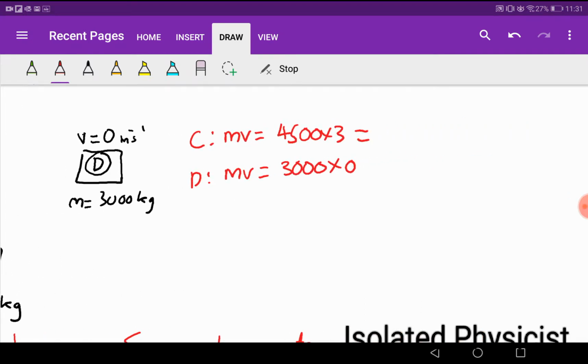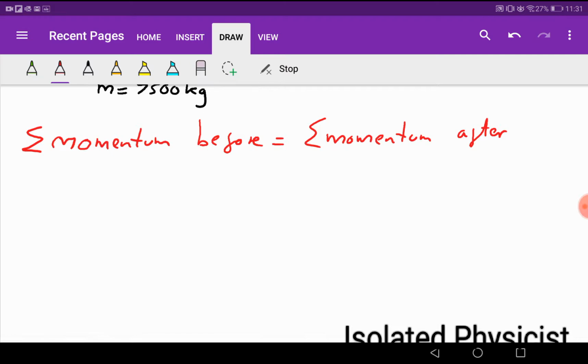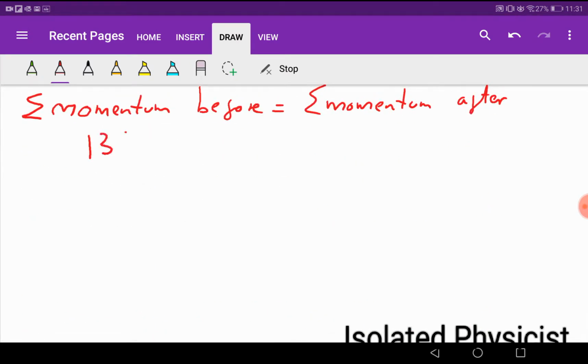So that's going to equal 13,500 kilogram meters per second, and this is going to be 0. So our total momentum before is 13,500, and that must be equal to total momentum afterwards. What's our total momentum afterwards?